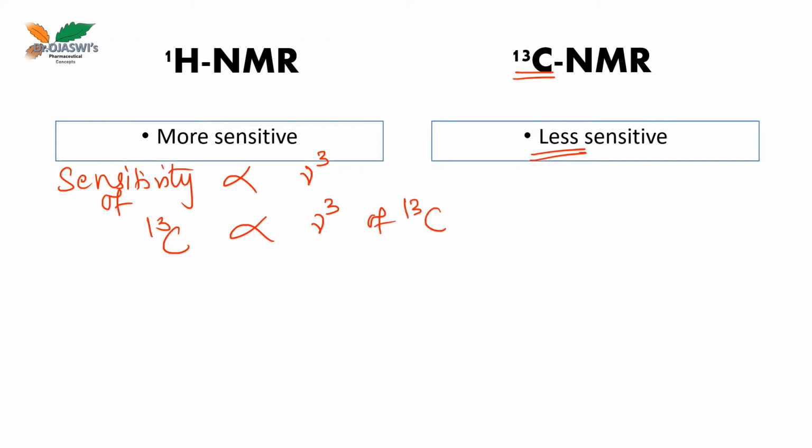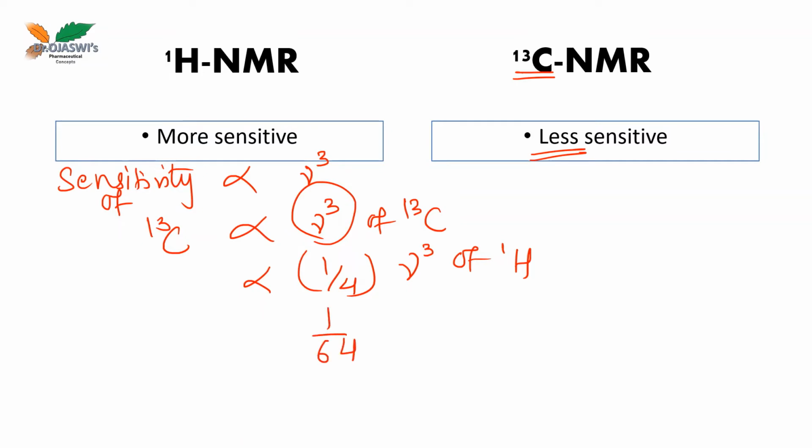Now the magnetogyric ratio of 13C is 1/4 of that of 1H, right? So that means it is 1/64 multiplied by the cube of the magnetogyric ratio of 1H.